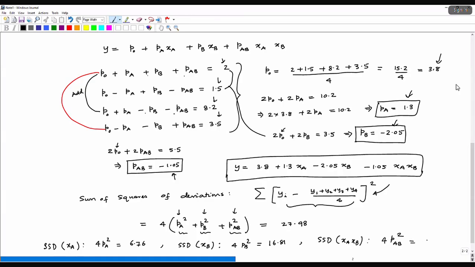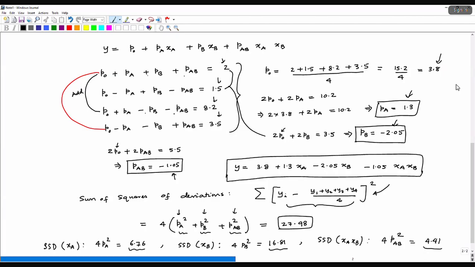So that will give you 4.41. So out of total 27.98, 6.76 coming from A, 16.81 coming from B, and 4.41 coming from the interaction effects.